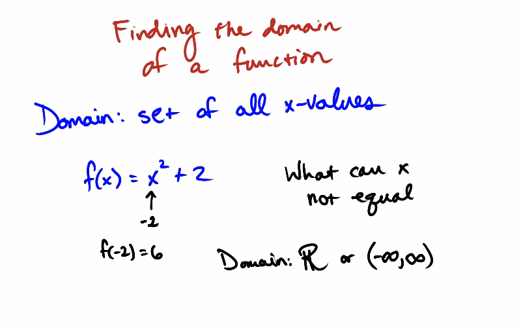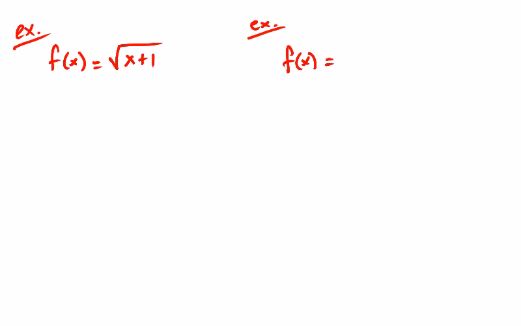The problem comes in when we get a little bit more involved, with problems like we have a square root, like f of x equals the square root of x plus 1. Another example where we run into trouble would be f of x equals 2 over x squared minus 4.